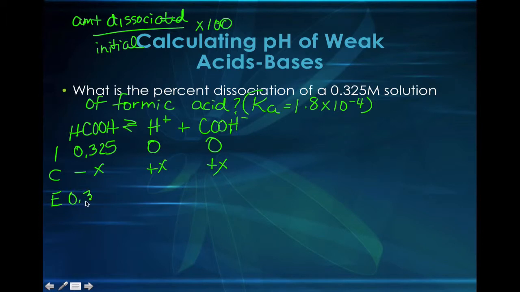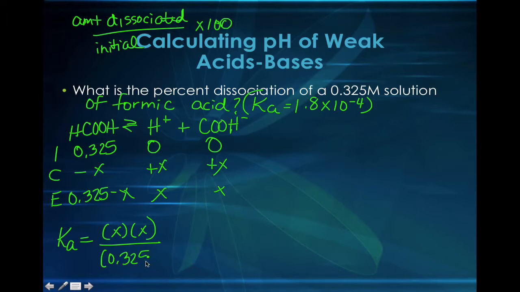So we're going to end up with 0.325 minus x, x, and x. And my Ka is going to be equal to my products, which is the x times the x, over the reactant, and I'm going to drop the minus x just like I did before. And all that is equal to 1.8 times 10 to the negative fourth.